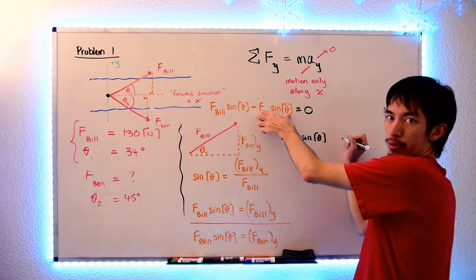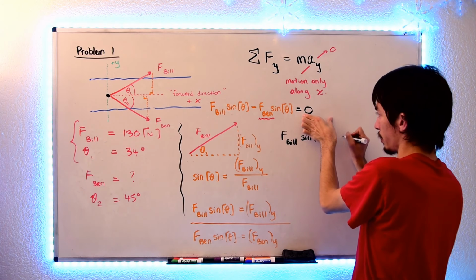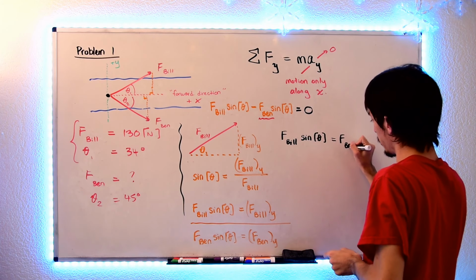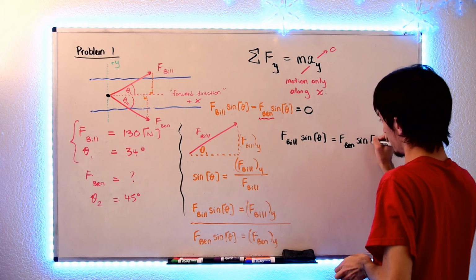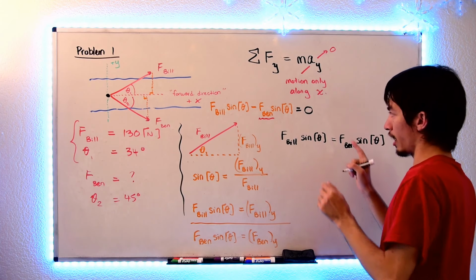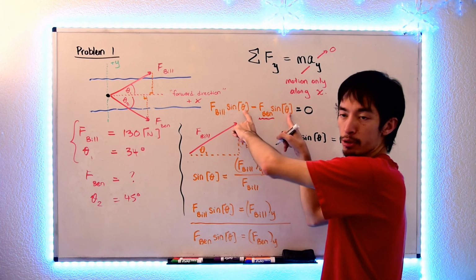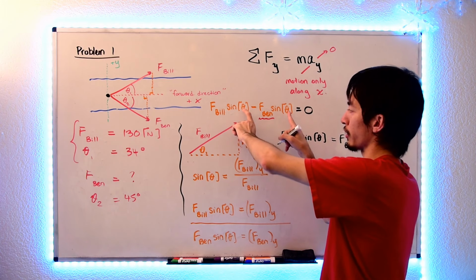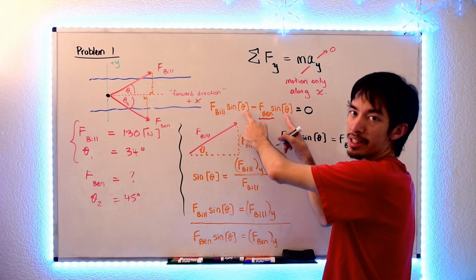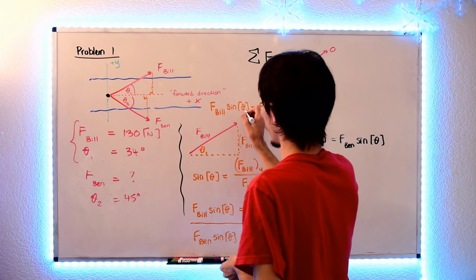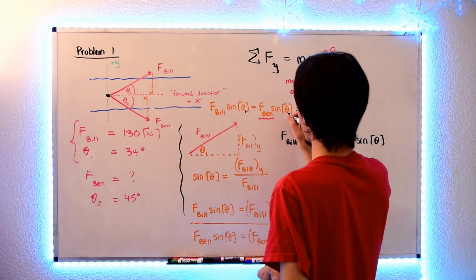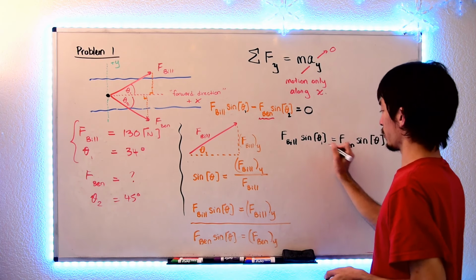This term gets moved over to the right side, so it's equal to force Ben sine theta. Also careful with the subscripting, because if you forget the subscripts, it makes it look like they're going to be the same angle. It's actually theta 1 and theta 2. Okay. Two different angles.